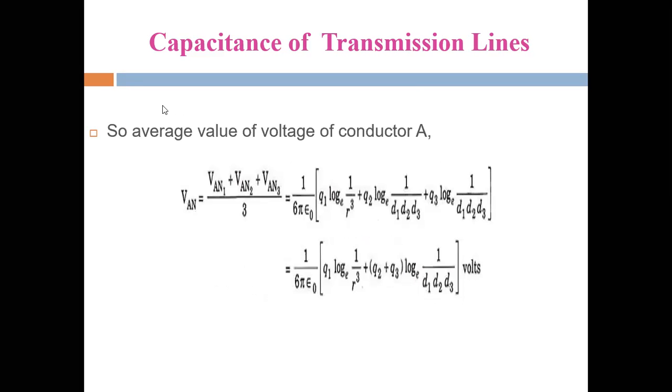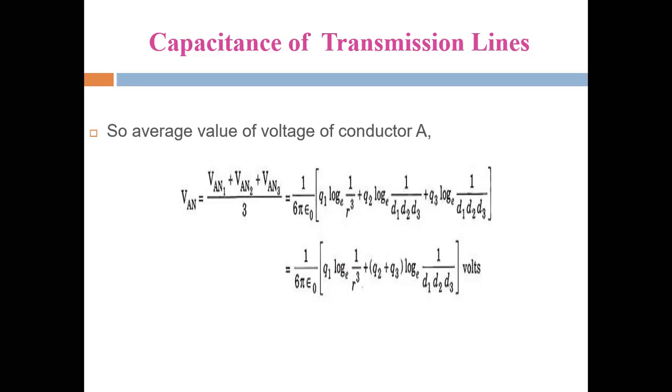Next, we average all these potential differences of conductor A. Therefore VAN is equal to VAN1 plus VAN2 plus VAN3 by 3.